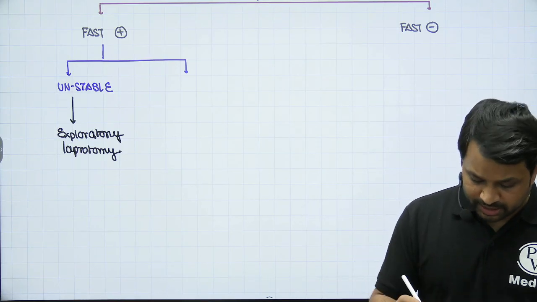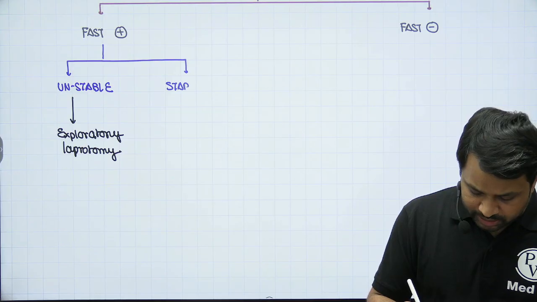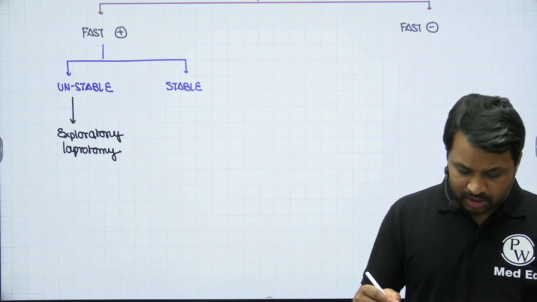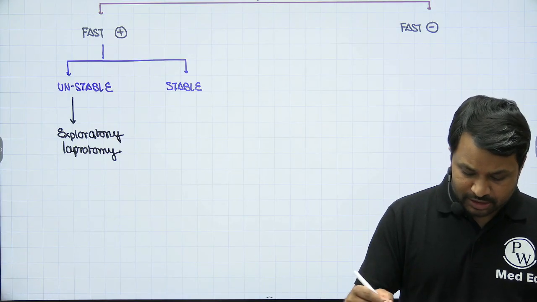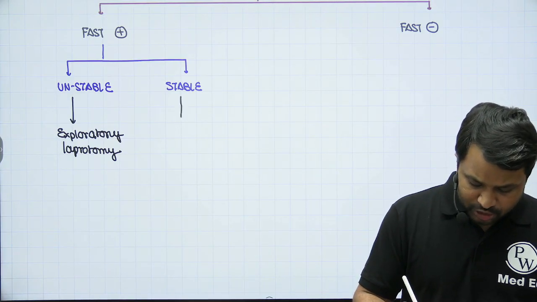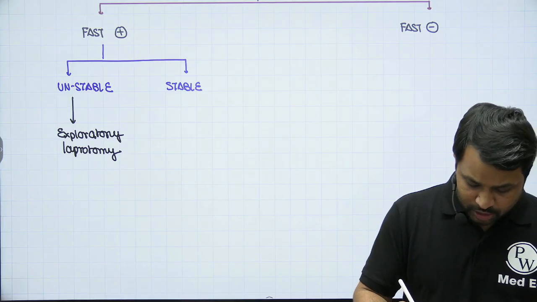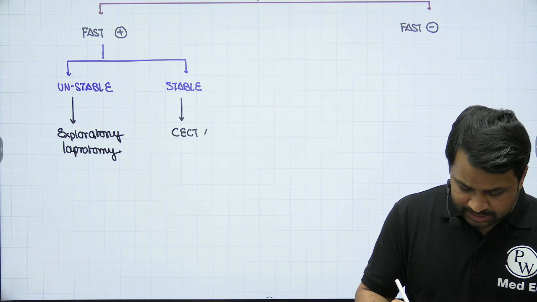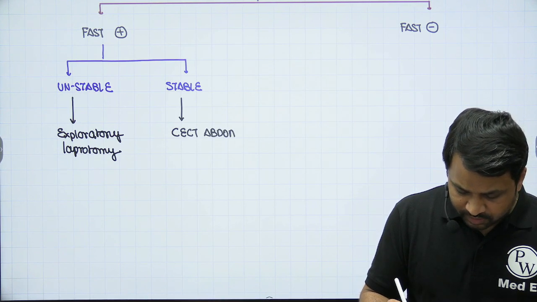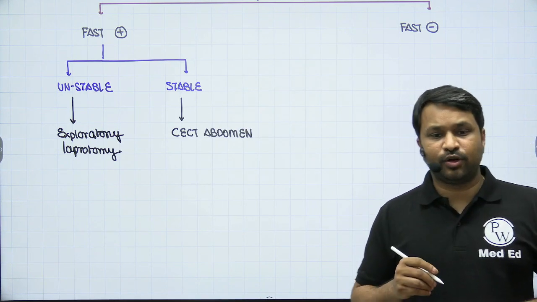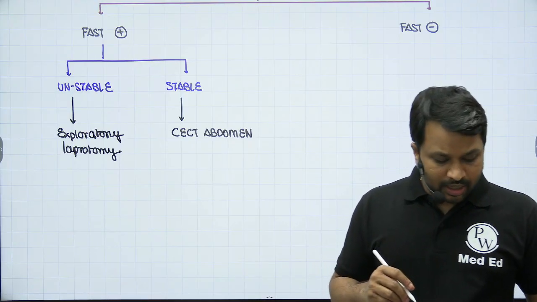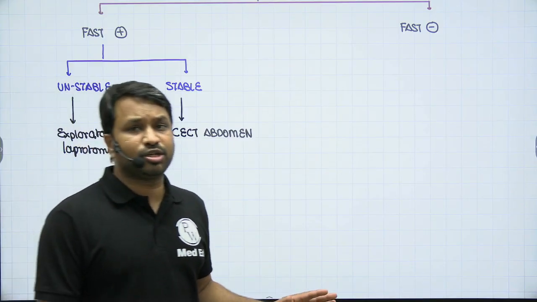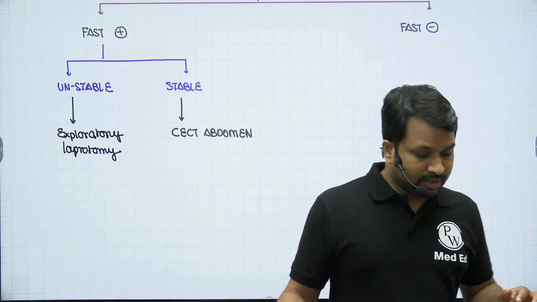On the other hand, if the patient is absolutely stable and it is FAST positive, I need to know which organ has been injured. In order to know which organ has been injured, I will take the patient for CECT abdomen. CECT abdomen, in fact, is the investigation of choice for the assessment of blunt trauma abdomen in a hemodynamically stable patient.